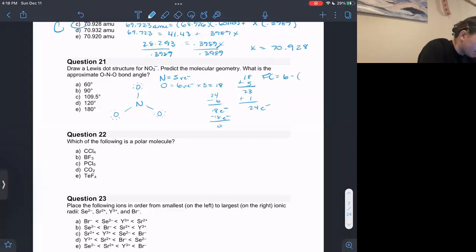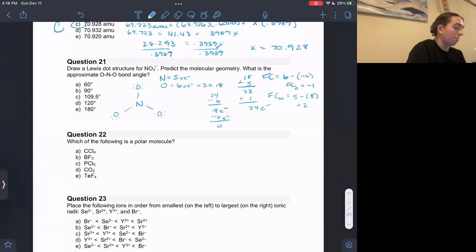It has 1 bond and 6 electrons. So my formal charge of oxygen is -1. And then nitrogen, you're supposed to have 5, and it only has 3. So then this would be +2.